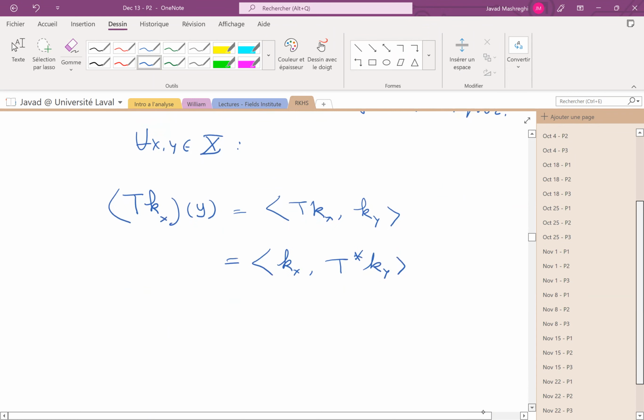We saw that if a net converges in the weak operator topology, then the same is true for the adjoint. So this is equal to the limit over lambda of the inner product of k_x with M_f_lambda star k_y. This is by assumption.